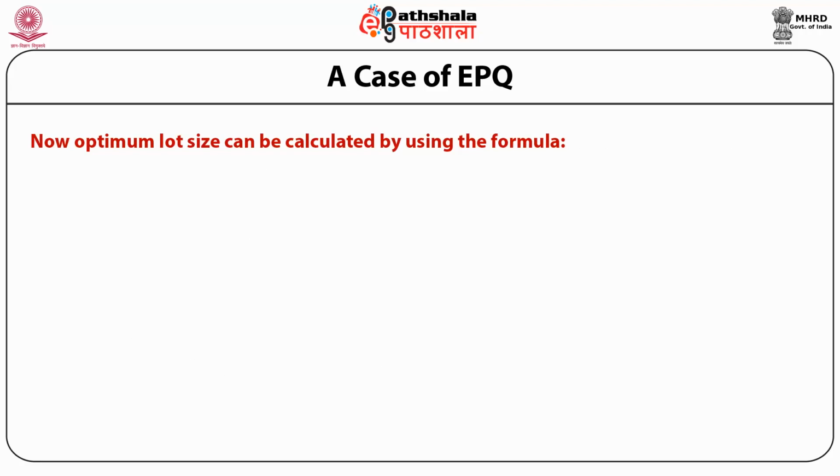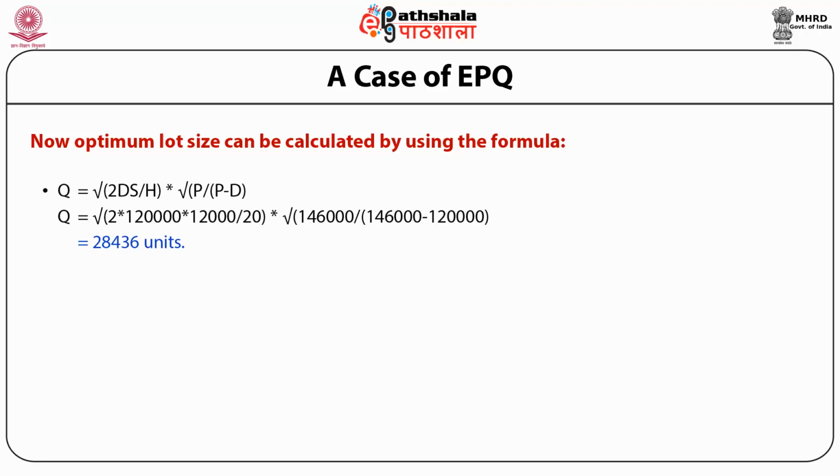Now optimum lot size can be calculated by using the formula Q equal to root of 2DS upon H into root of P divided by P minus D. Now putting the values, Q equal to root of 2 into 1,20,000 into 12,000 upon 20 into root of 1,46,000 divided by 1,46,000 minus 1,20,000 equal to 28436 units.